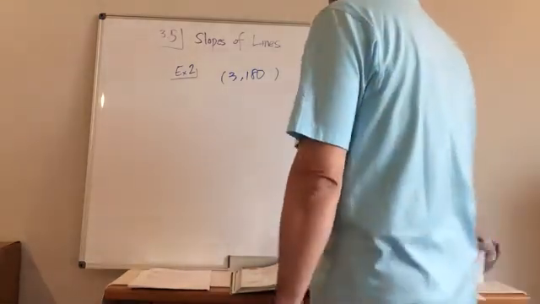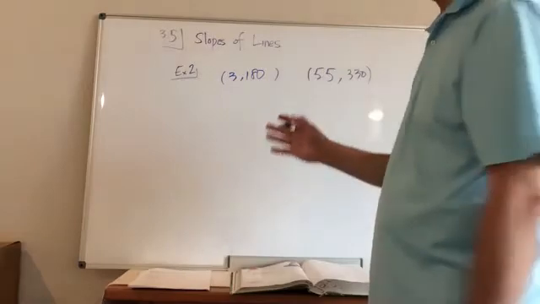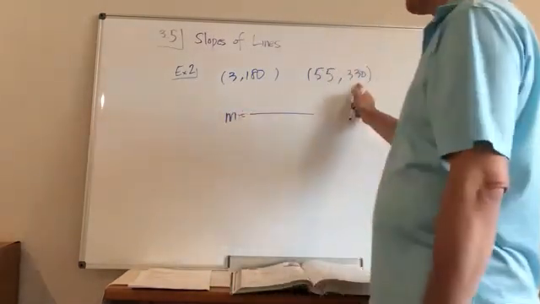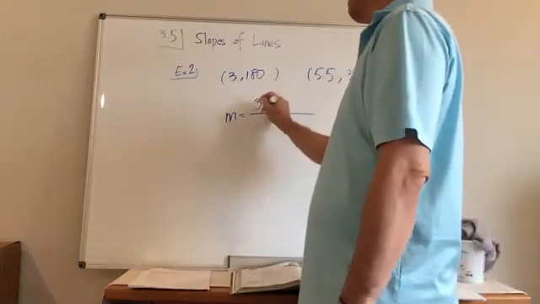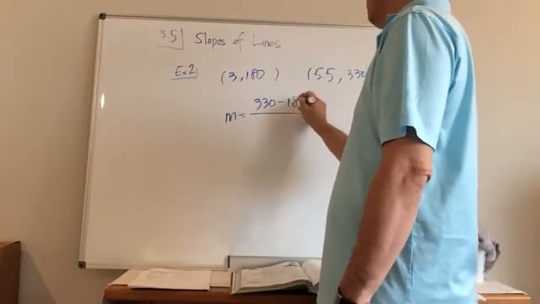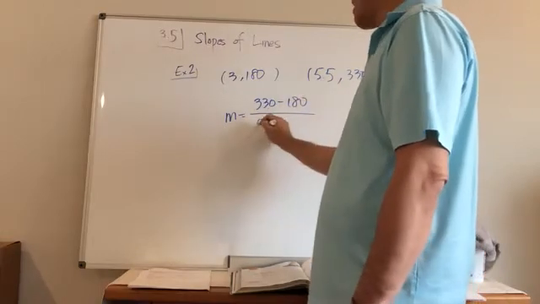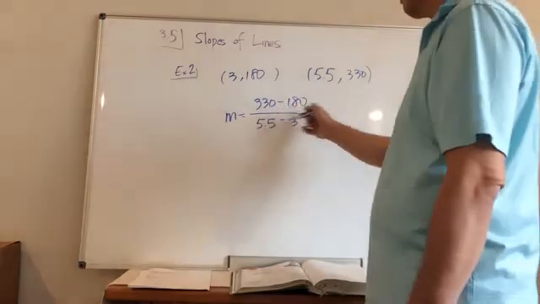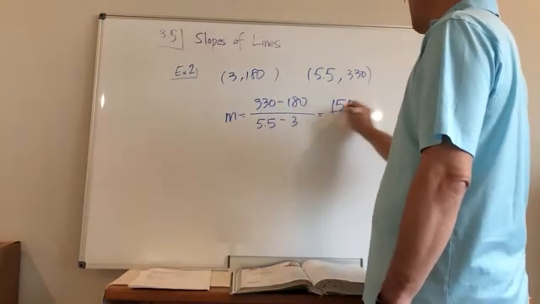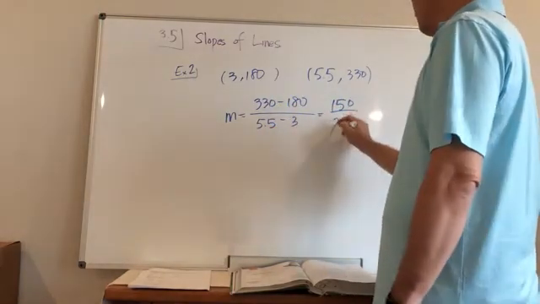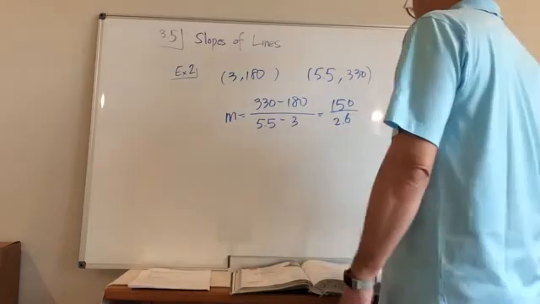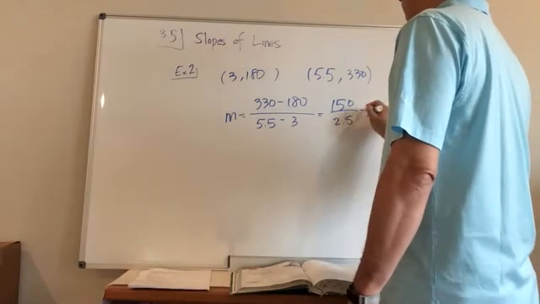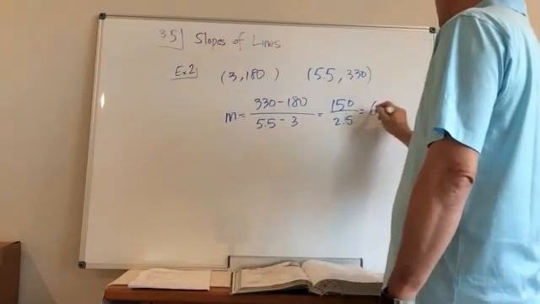So you want to calculate the miles per hour, which is the slope. So if you do that, we get 330 minus 180 over 5.5 minus 3. So we have 150 over 2.5, so that's going to be 60.